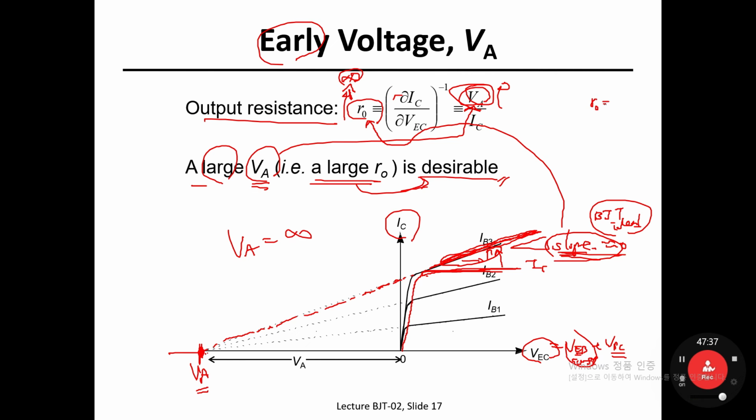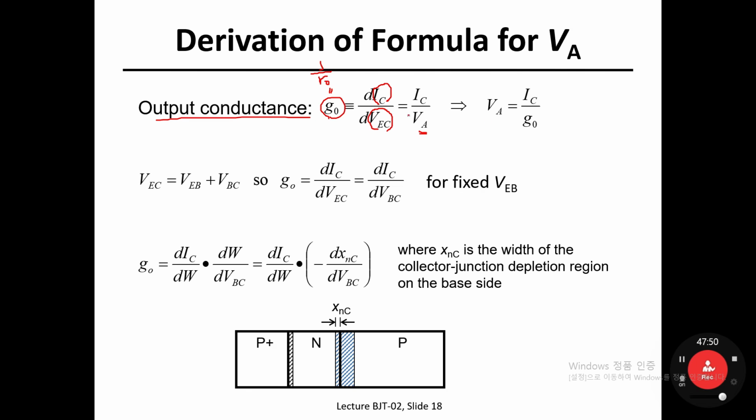RO is defined as the Early voltage divided by the output current. Okay, and G naught, output conductance, is defined as the output current divided by the Early voltage. Remember it and take a look at here. Okay, G naught equals IC over VA. So we can rewrite the Early voltage as a function of output conductance and output current.